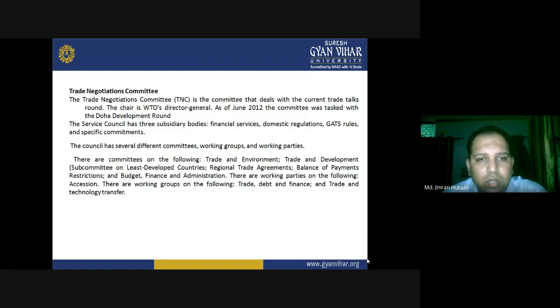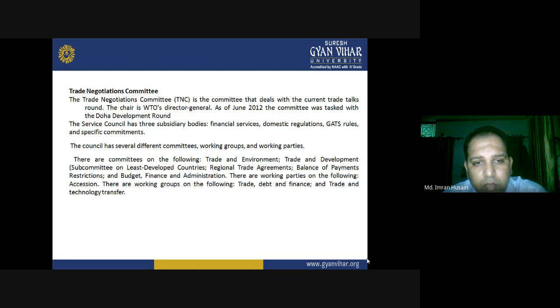The Services Council has three subsidiary bodies: Financial Services, Domestic Regulation, and GATS rules and specific commitments. The Council has several different committees, working groups, and working parties.